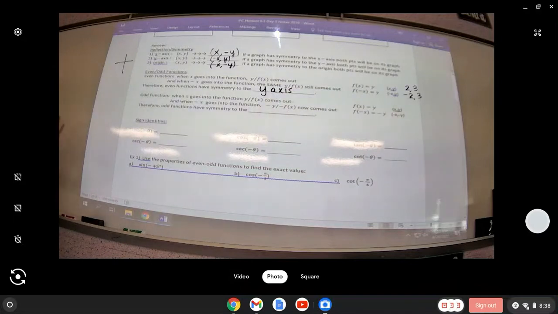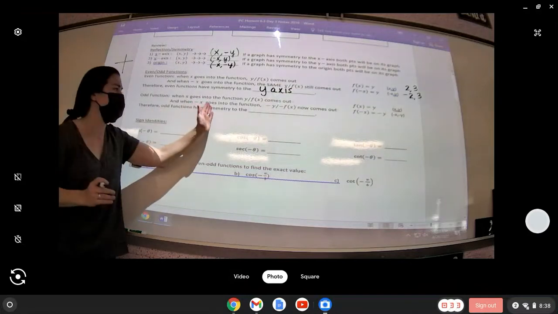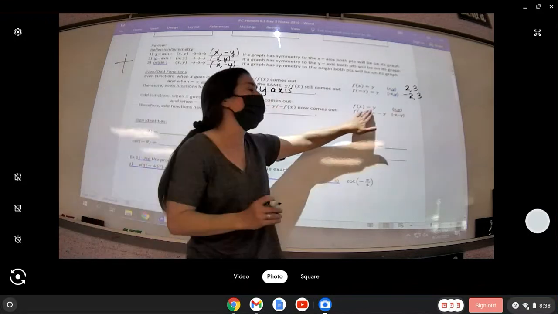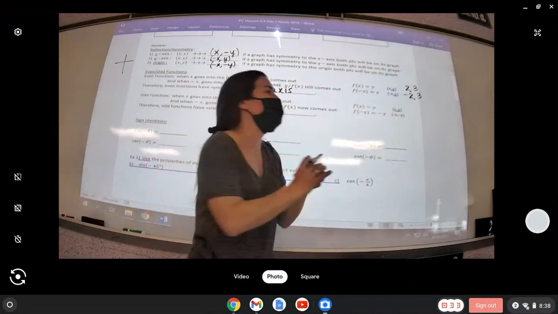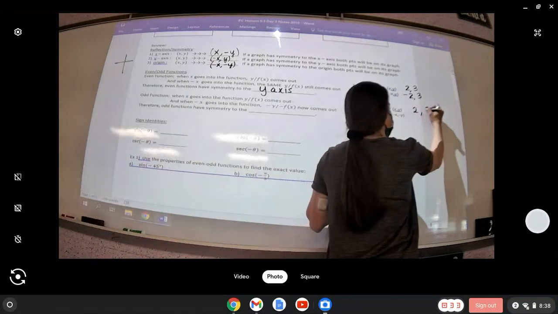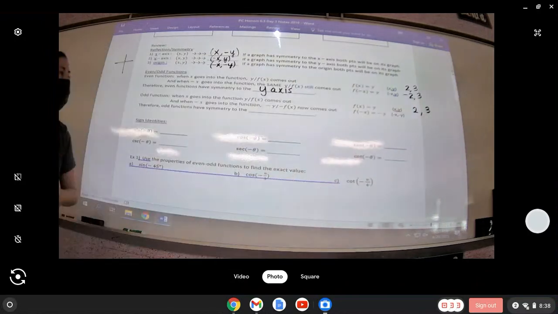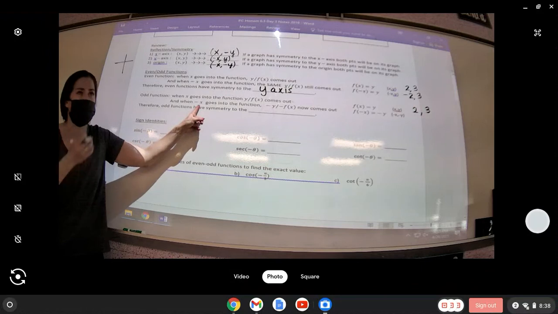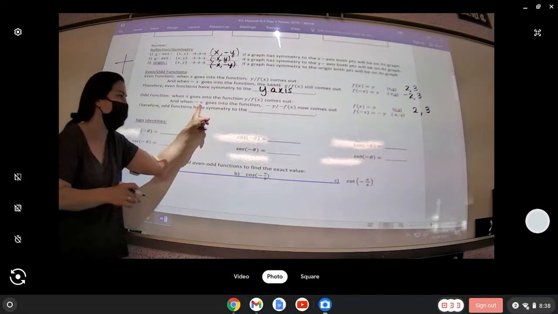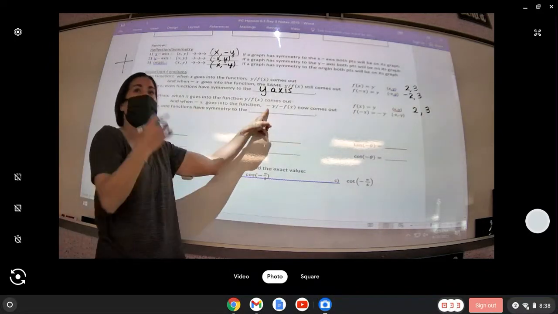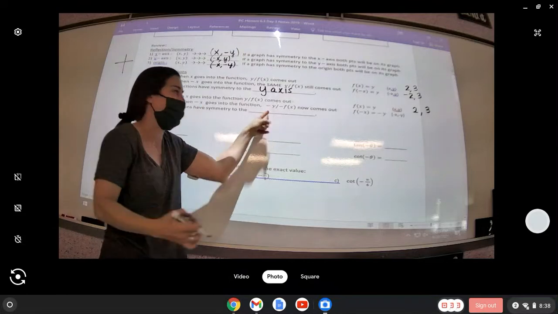An odd function, by definition: when x goes into the function, y comes out. That's normal function behavior. So again, 2 goes in, 3 comes out. Then in an odd function, when the opposite of x goes in, the opposite of y, the opposite of f of x, comes out of that function.